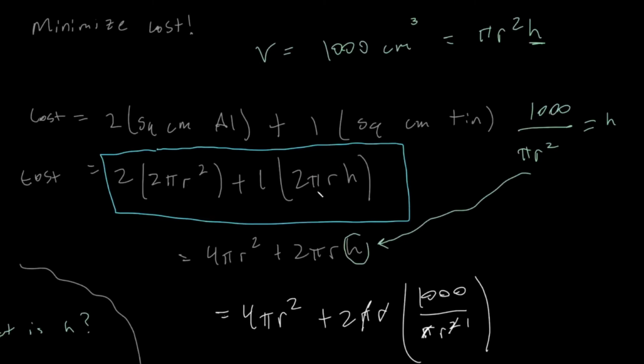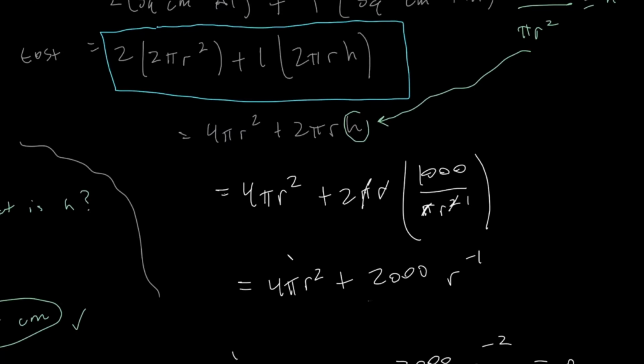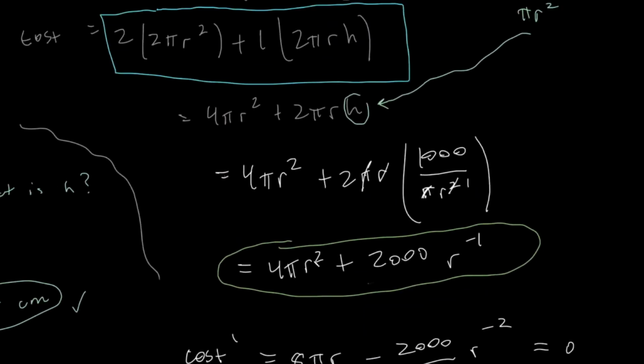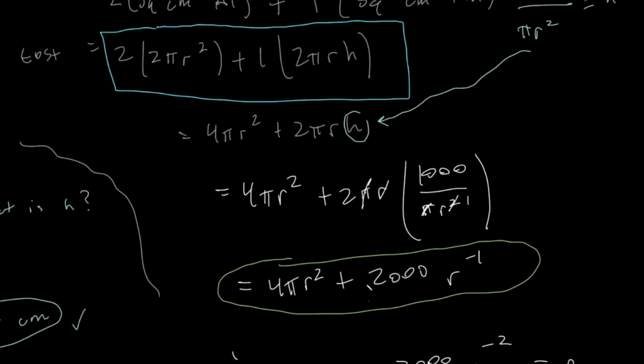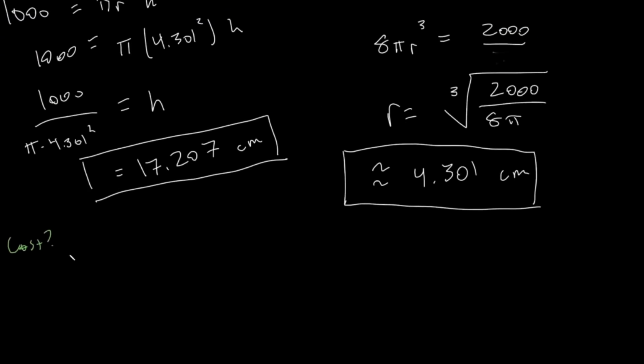There's this one with pi r squared and pi r h, but remember we simplified it all the way down to this just in terms of r. Wait, that's after differentiating. No, it's not. Yeah, so that's before differentiating. That's our simplest cost function, but we can use any of these. But I'm going to use that one. 4 pi r squared plus 2,000 r to the negative 1.